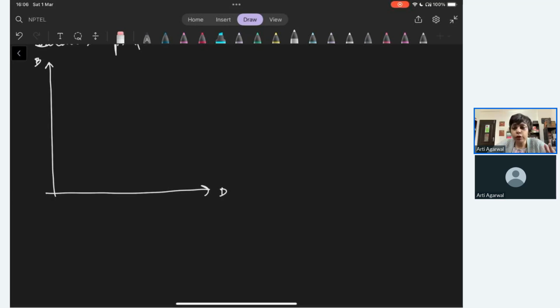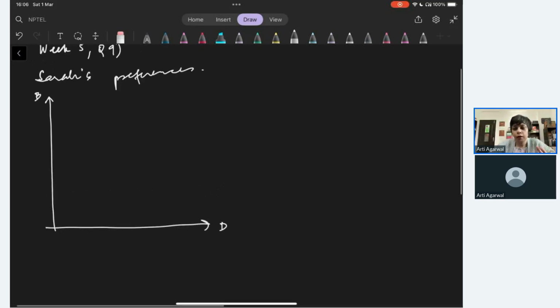So I'm just going to draw straight lines for now, even though it's not necessary that they will be straight lines, because we are just told one point of their entire preference mapping. At one point, this is how they are trading dark chocolate for butterscotch. We don't know if this is what they always do. That's not what's given.